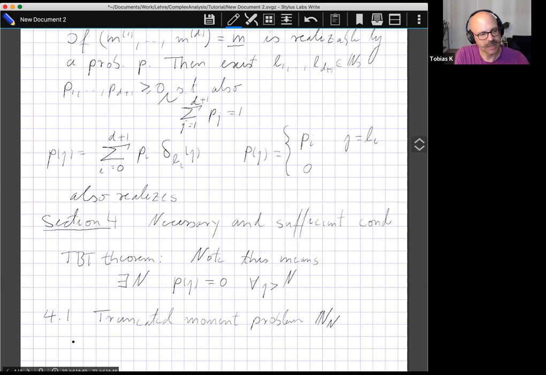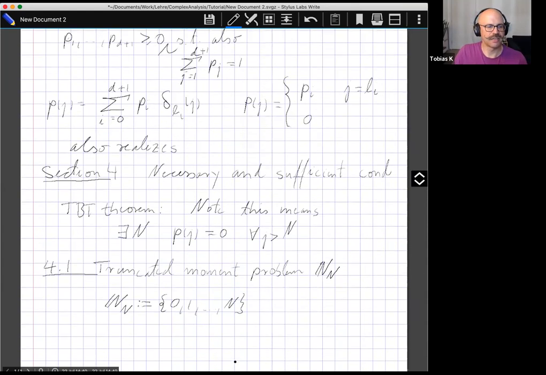I will explain what nn is. I just define it as the set {0, 1, up to n}. So I just look at a finite piece of it.